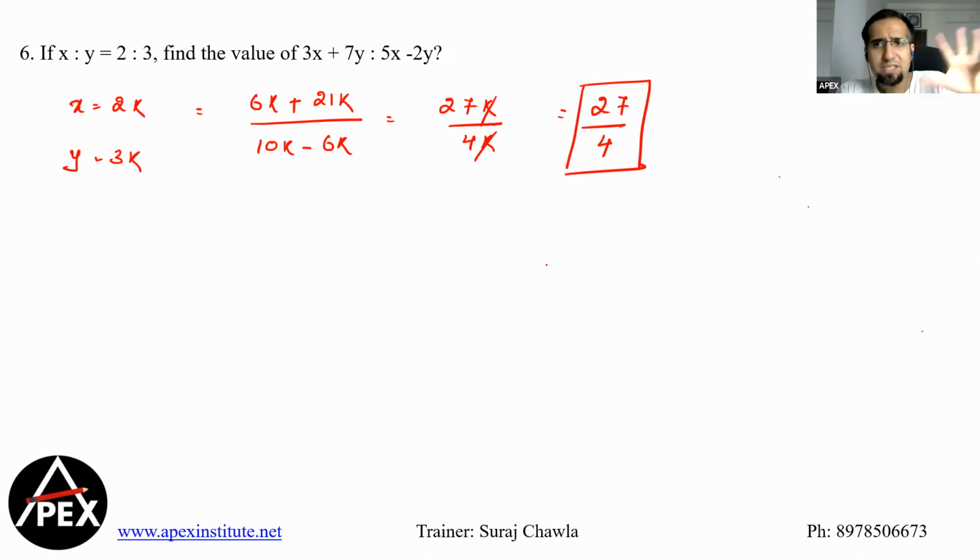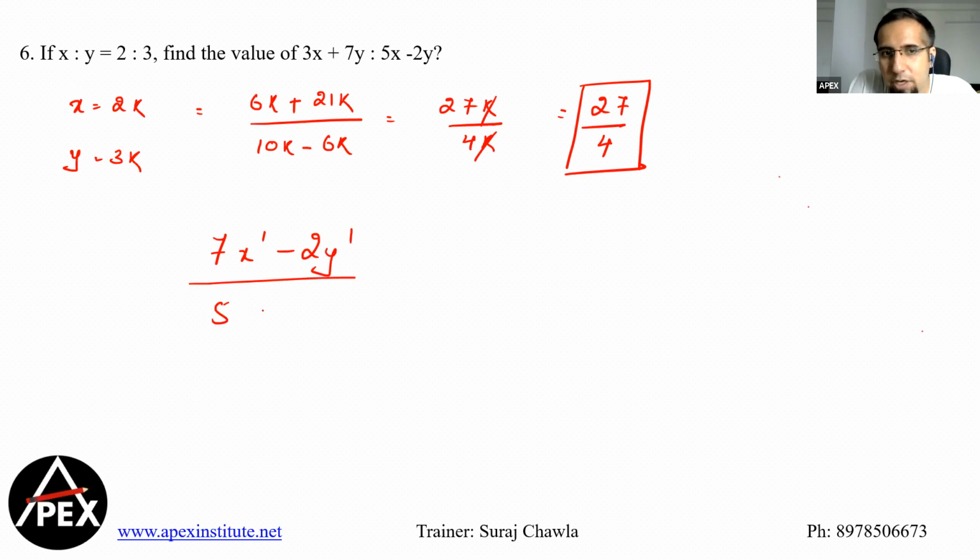Now, what is the reason here? When K gets cancelled, it is as good as replacing x and y with 2 and 3. In which case will K get cancelled? If the degree of the variables in the numerator is the same as the degree of the variables in the denominator. Understand this, guys.